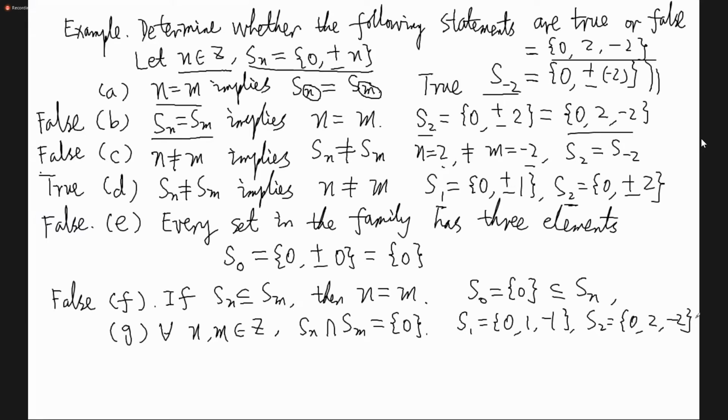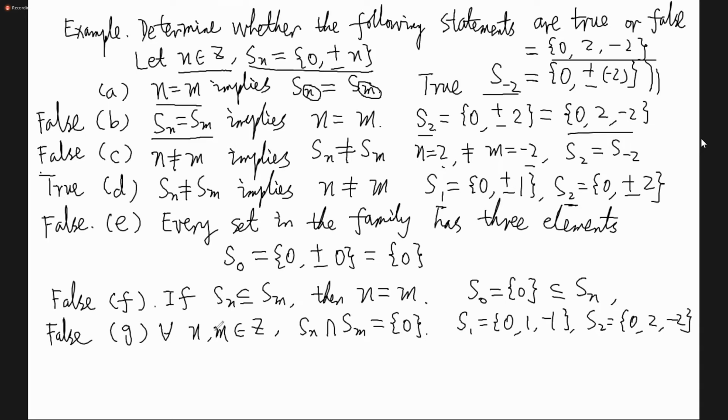You claim it's false, if you look at S sub 1 and S sub negative 1. Okay, good. Actually, this is still false, but the reason is because you heard that S sub 1 and S sub negative 1 is the same as we have S2 and S sub negative 2, right? Because S2 and S negative 2 are both equal to 0, 2, negative 2.